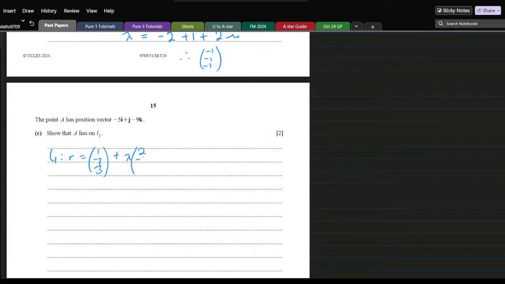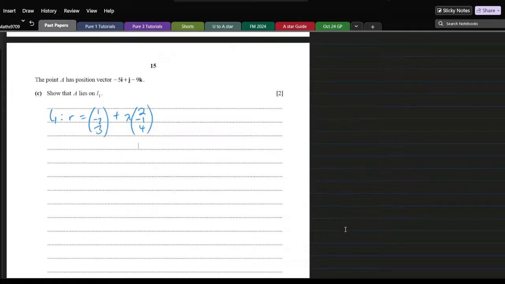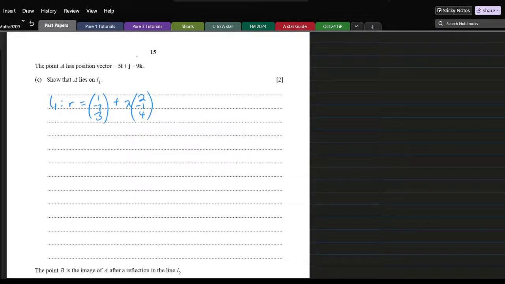2, negative 1, 4. Alright, and so the general coordinates of any point that lie on this line are 1 plus 2 lambda, negative 2 minus lambda, 3 plus 4 lambda.